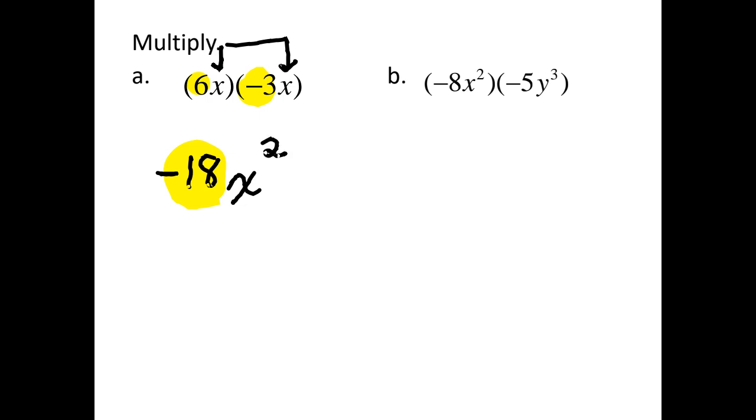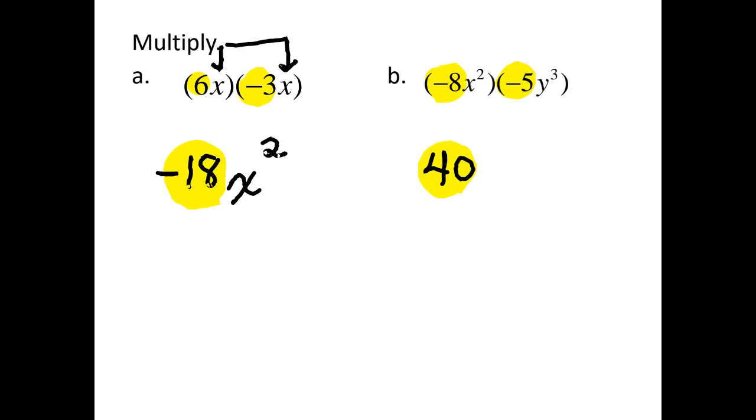Well, -8, negative 5. Now, the numbers are multiplying. This will give me a positive 4 multiplying. This will give me a positive 40.